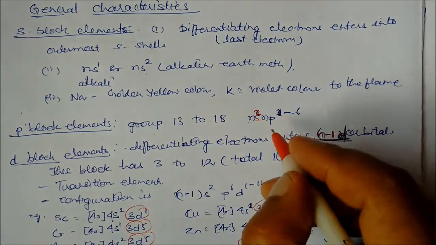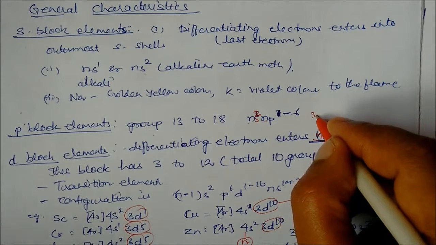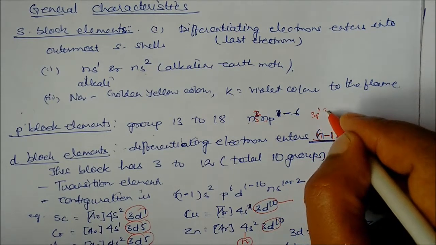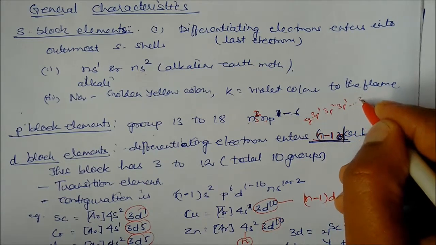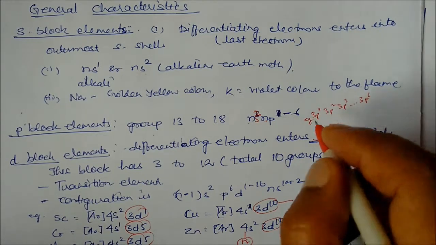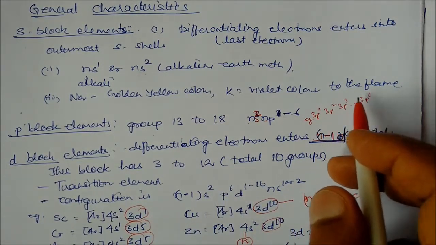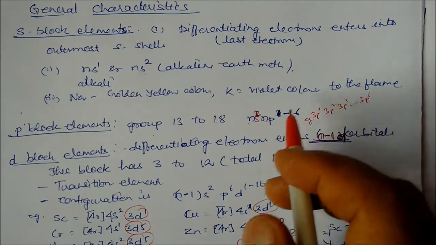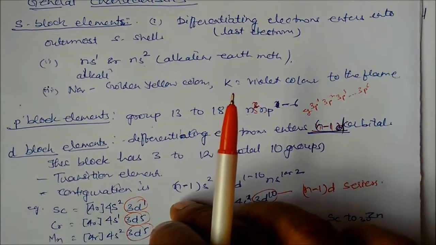So np1, np2, for example 3p1, 3p2, 3p3, like this it goes to 3p6. After 3p6, it will again come into the next shell. So the series goes on. These elements are called P block elements, which we have seen in the previous table.